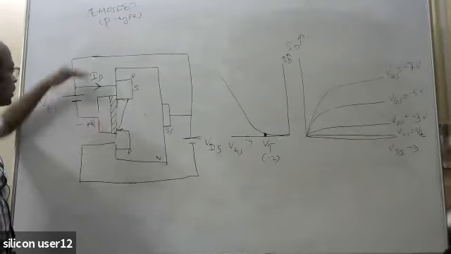Okay, so see, this complementary MOSFET is not a type in your classification of the FET.